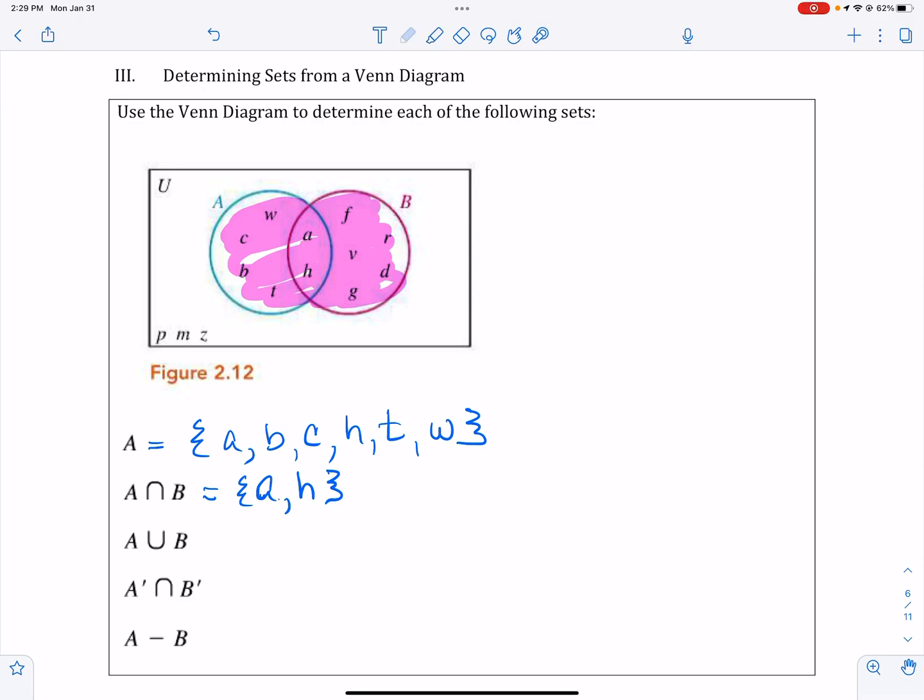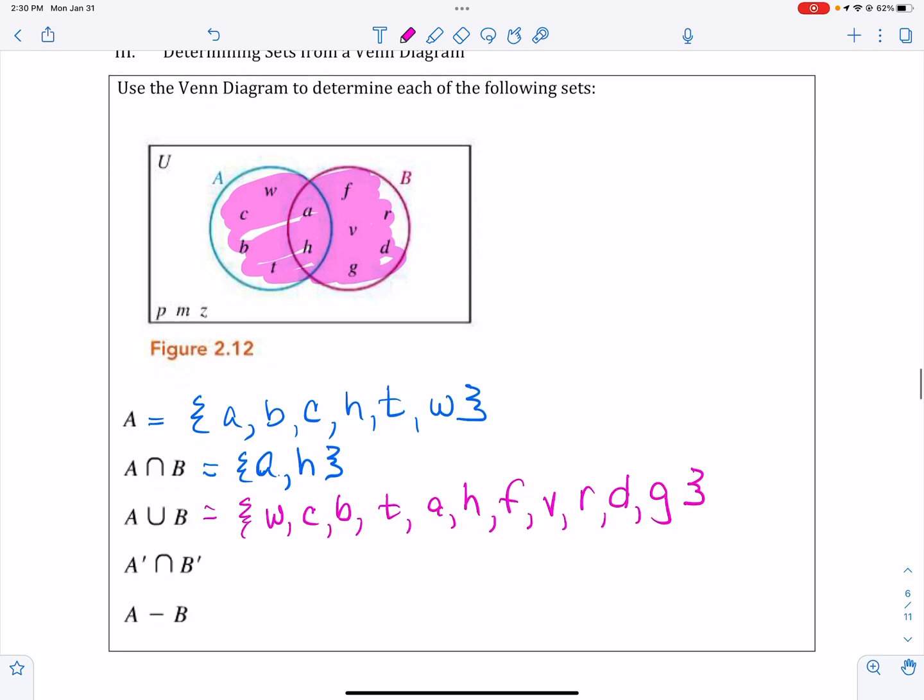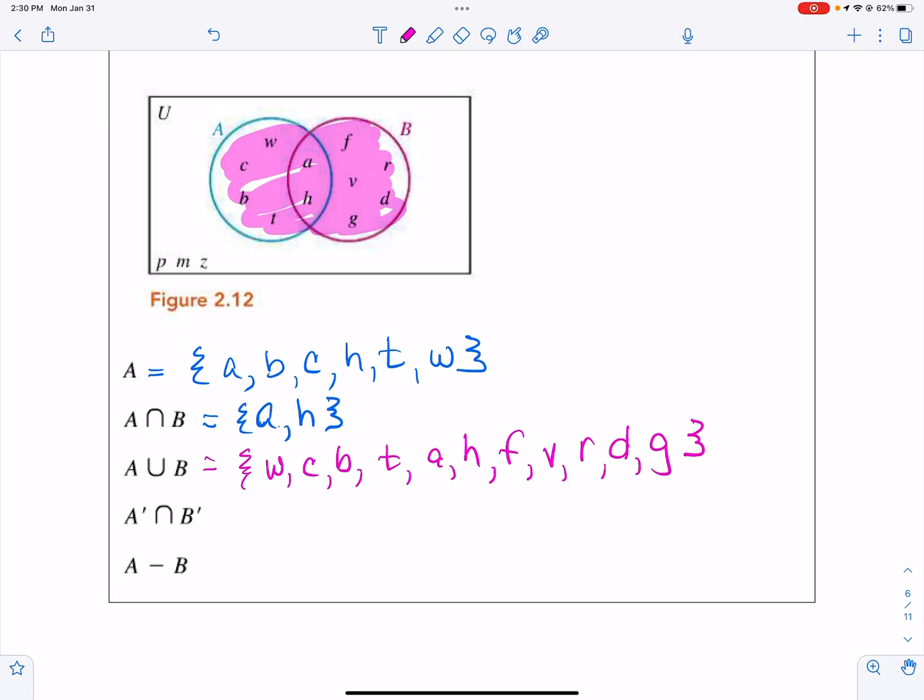When I write the union of A and B, this one I probably wouldn't write in order. I'm just going to write W, C, B, T, A, H, F, V, R, D, and G. If you want to write it down first and then put it in alphabetical order, that's perfectly fine. You don't have to write it in alphabetical order.